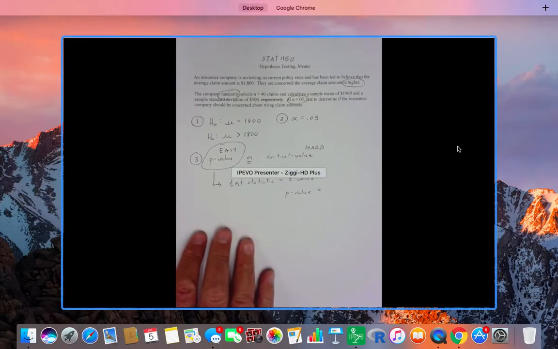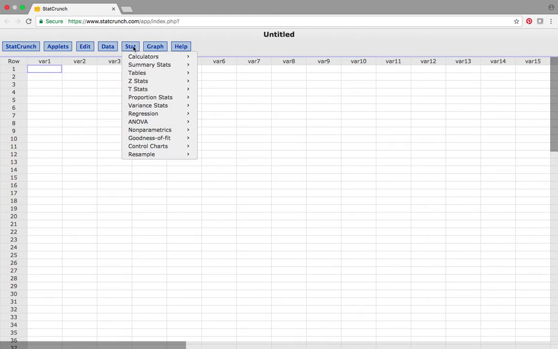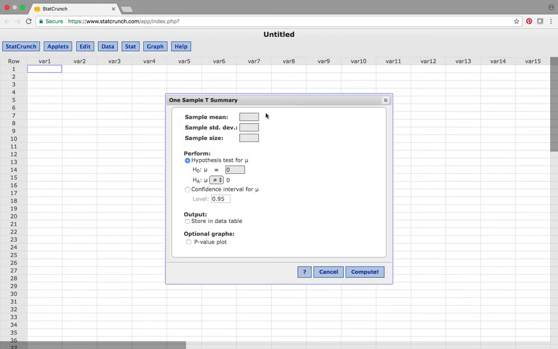Well, guys, I'm going to use technology. So I am going to go to StatCrunch. I am going to go to Stat, T Stats, One Sample. Because I don't have my data here, I've got my summary, so I have to go with summary. My sample mean was 1960. The sample standard deviation was 500. And the sample size was 40.